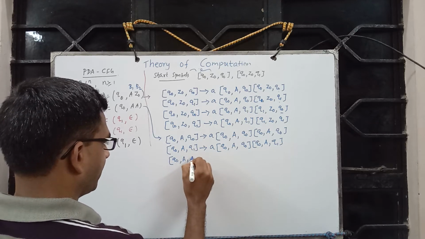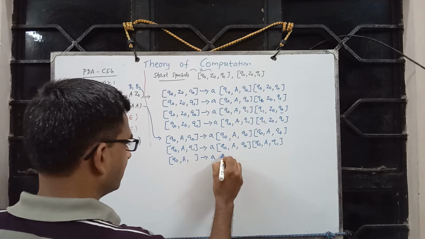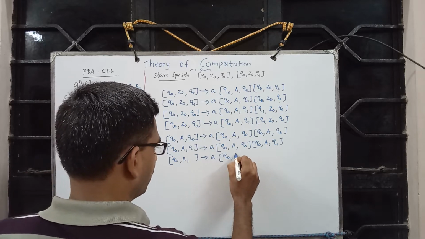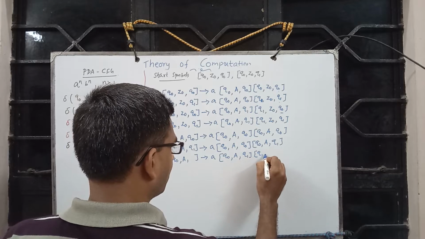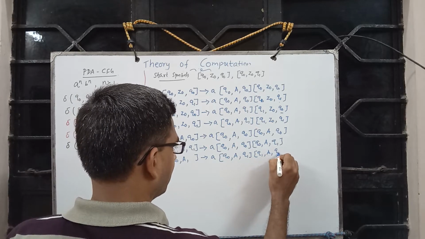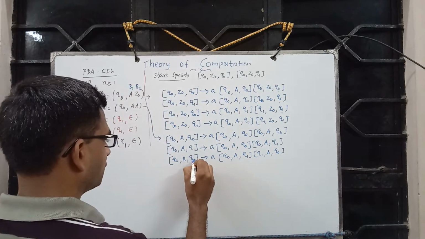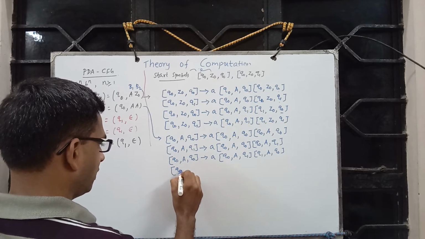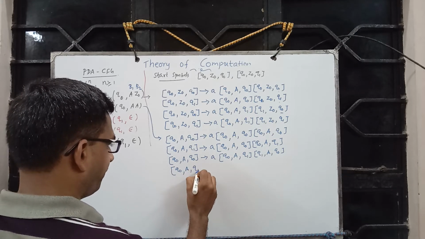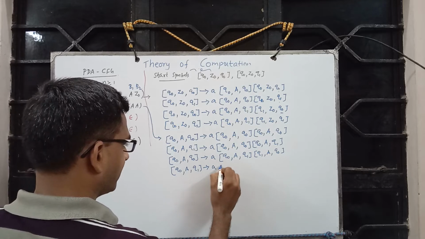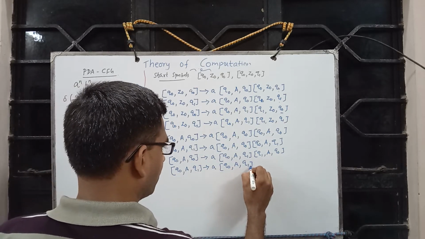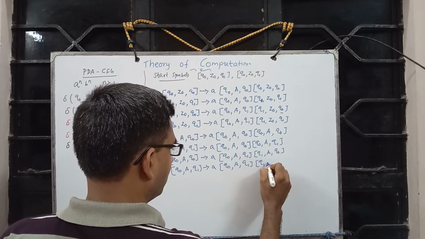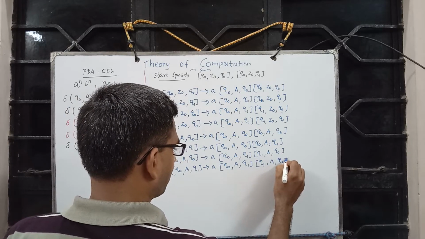Or q0 A q0 implies a, q0 A q1, q1 A q0, therefore this one is q0. Or q0 A q1 implies a, q0 A q1, q1 A q1, a followed by q1.